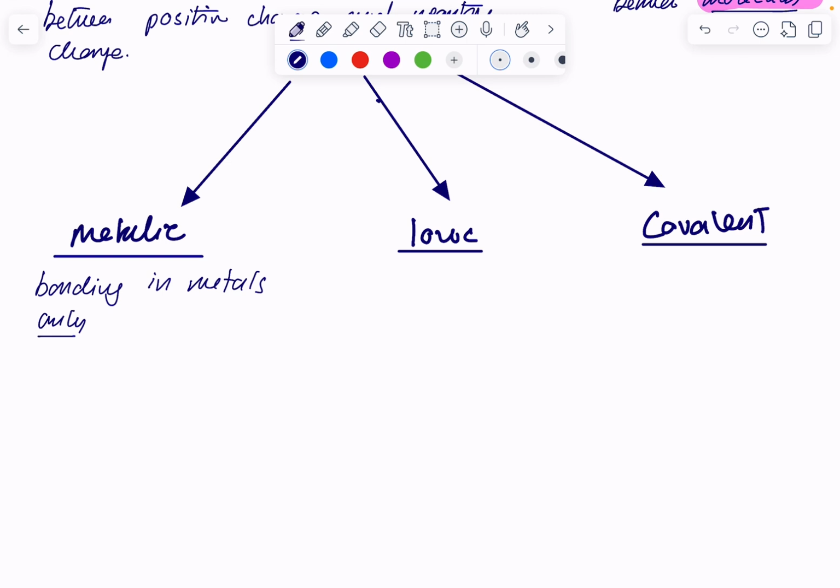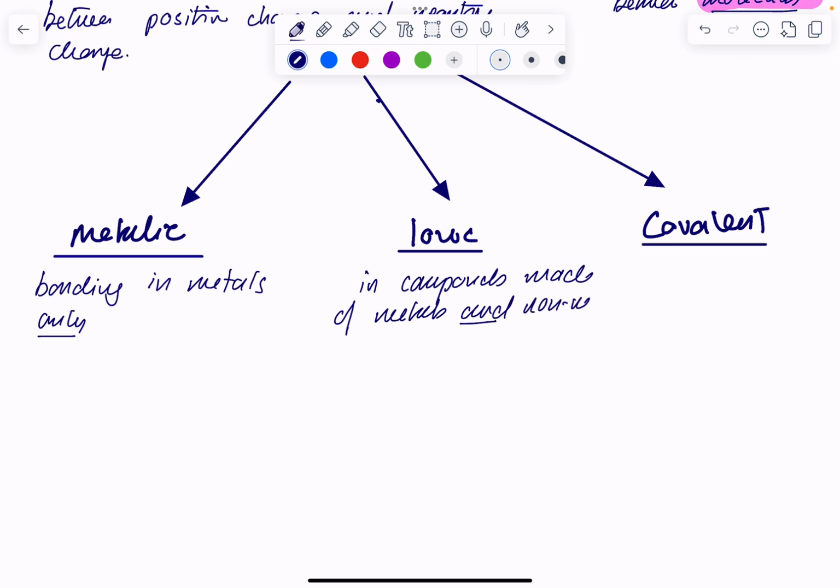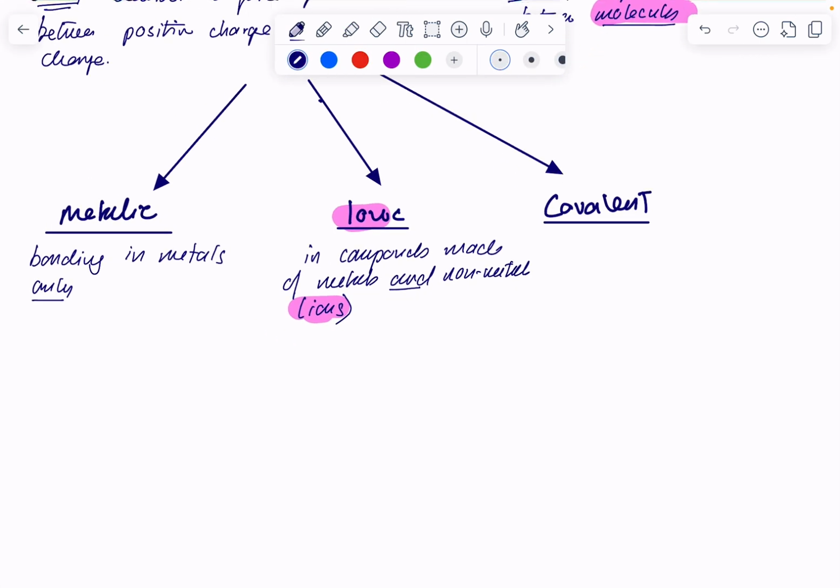Ionic bonding happens in compounds made of metals and non-metals. Those form ions, and that's a helpful way to think about what ionic bonding is.